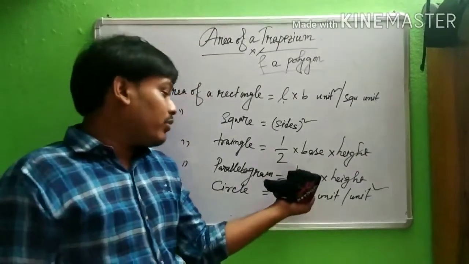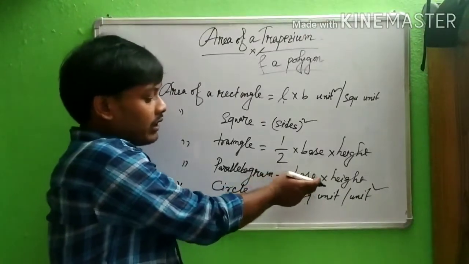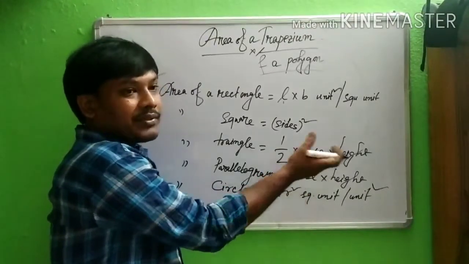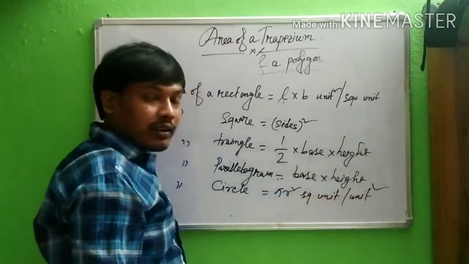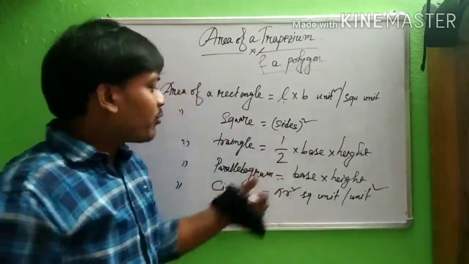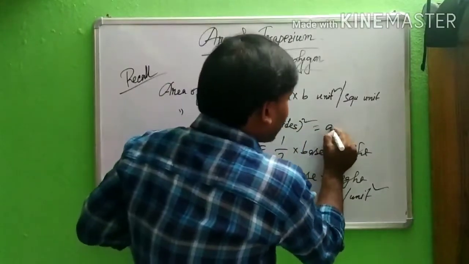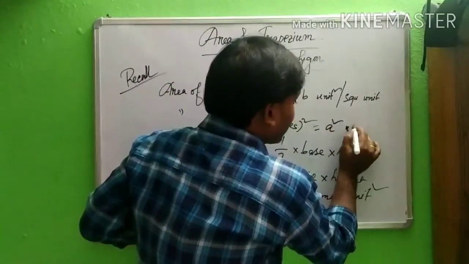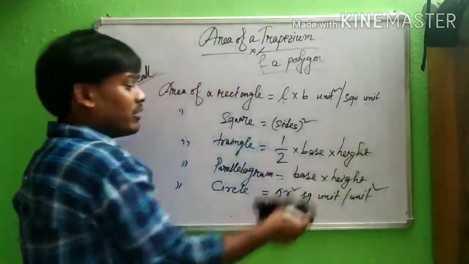But when you are talking about this one, you write base, that means 5 centimeter, and height 6 centimeter. So here there is no need to write unit square. I think you understood. If you let the value of the side be a, then a square, unit square or square unit. Okay, I think everyone understood.